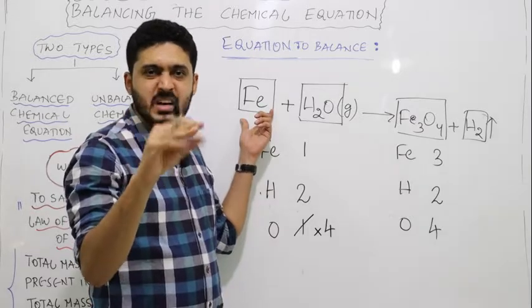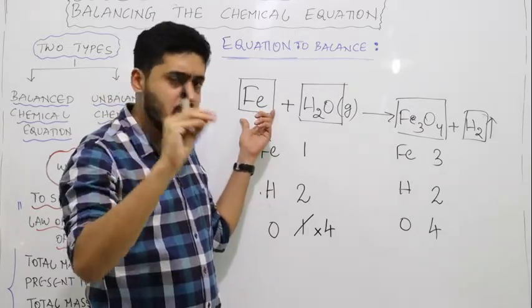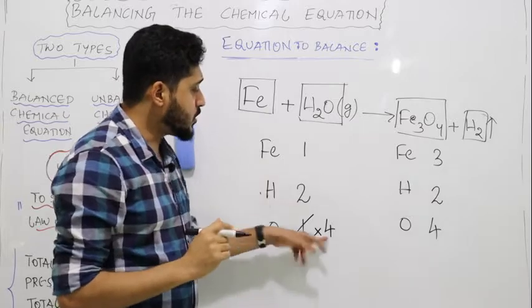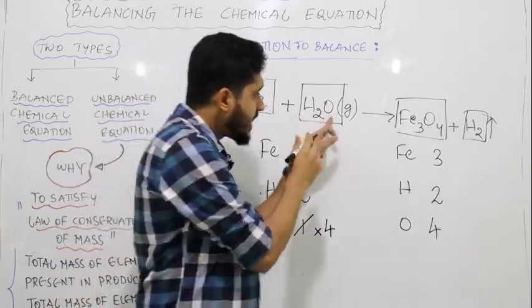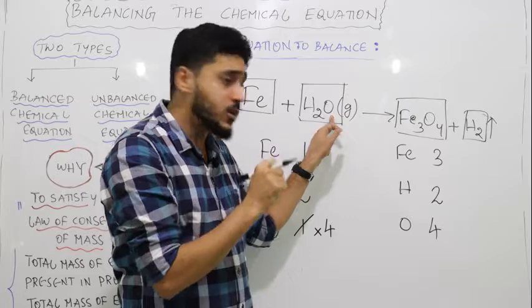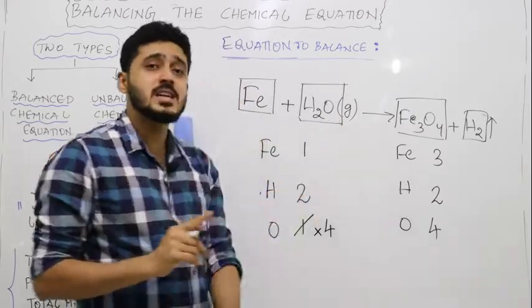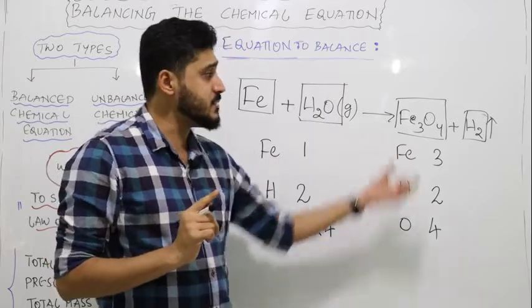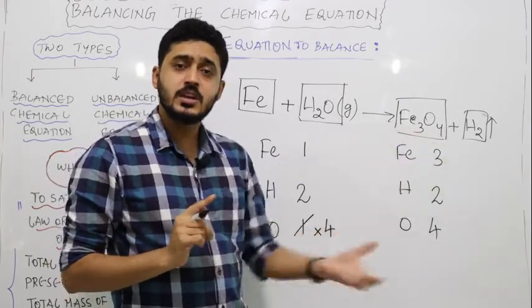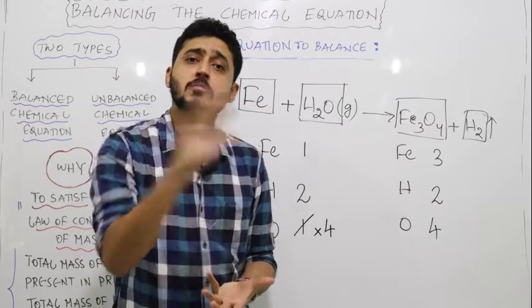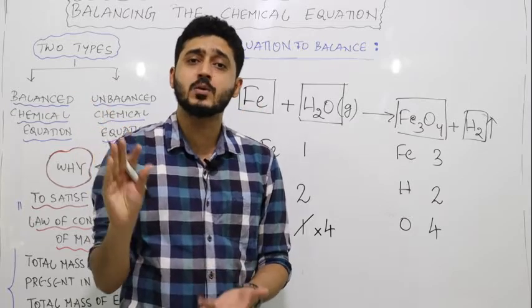No trespassing is allowed. Not at all. See, I want to make this oxygen 4. Can I write 4 inside the bracket or below oxygen? No. You cannot change the subscripts of already present chemical formulas. Chemical formula subscripts cannot be changed while balancing the chemical equation.